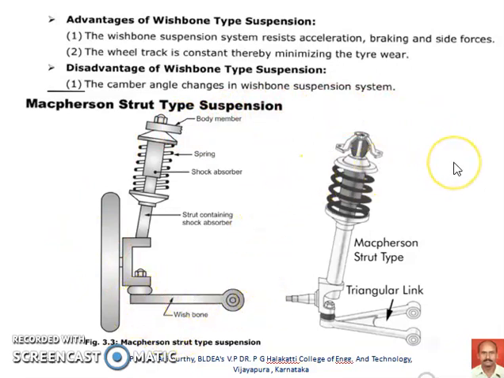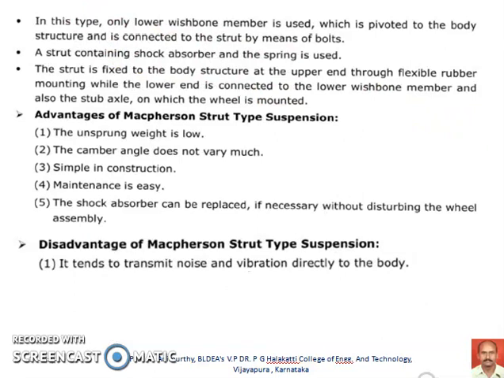This is the most common arrangement used in many types of vehicles. In comparison with the earlier double wishbone arm type, here only a lower wishbone arm is used, which is pivoted to the body structure and connected to the strut by means of bolts. A strut containing a shock absorber and spring is used.